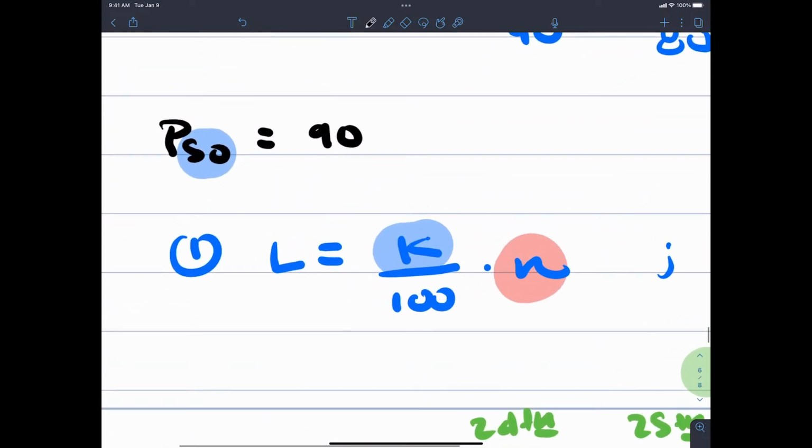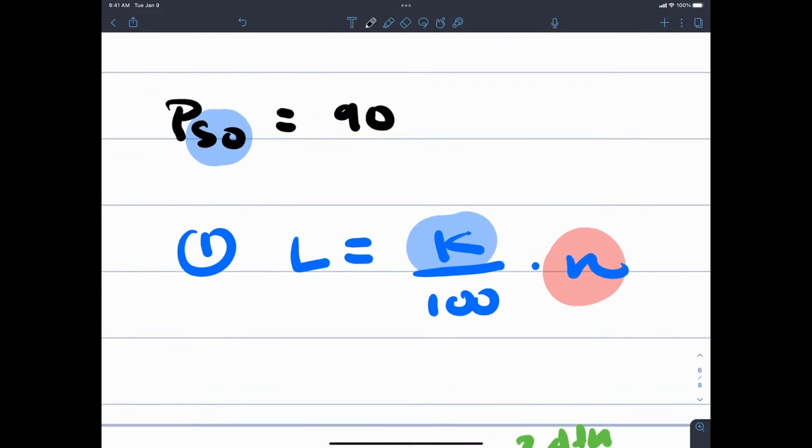So you guys were correct. It was 90. Now, what does that actually mean? Do you guys remember what this means by definition? What does it really mean? Anybody know? What does that mean? It's not just finding a number. You got to know what it means because you got to use it.